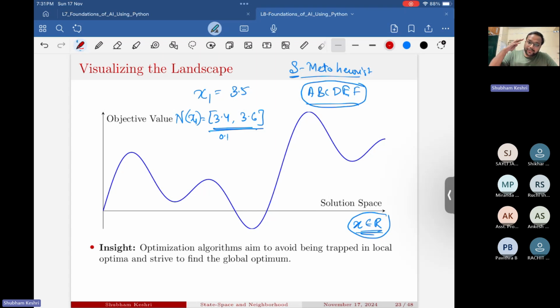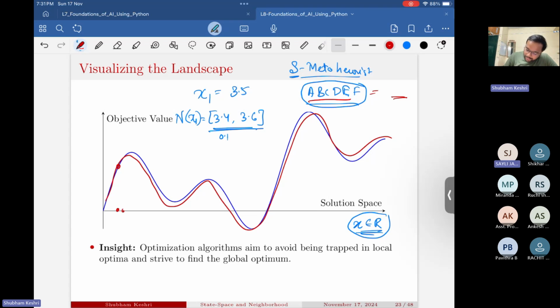We actually don't know this curve. We know the function. We know just a representation, and if we add them it will give me one value. We don't know this curve in the start. Whenever we get one solution, we can calculate the value at that solution.